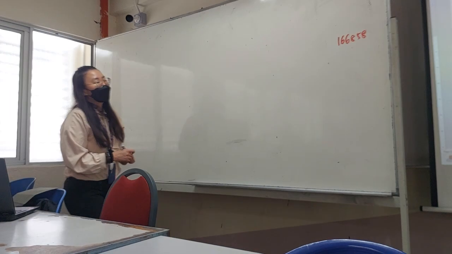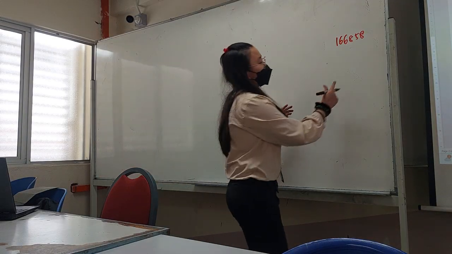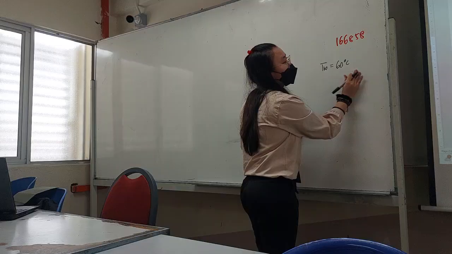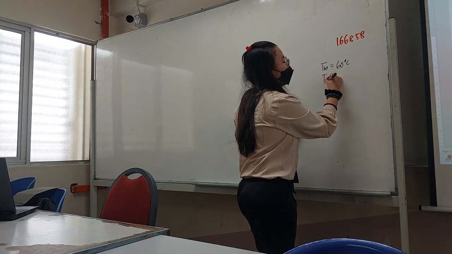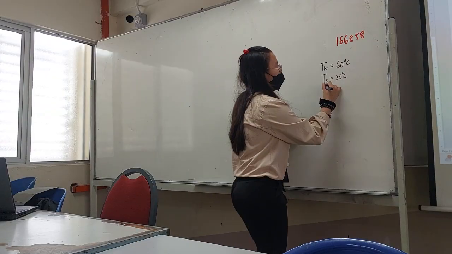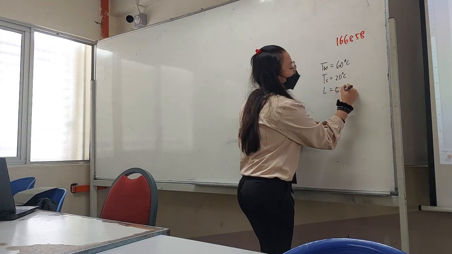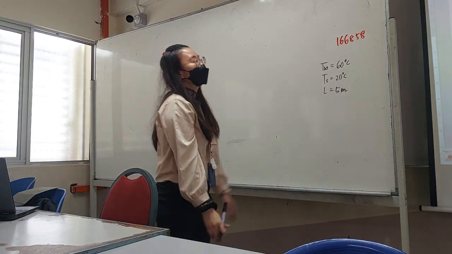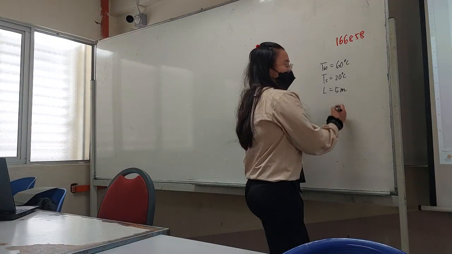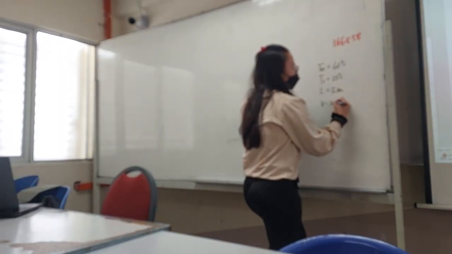T infinity, the engine oil, they give you 60 degrees Celsius. The surface temperature, they give you 20 degrees Celsius. They give you the length, 5 meter, and the width. You have the free stream velocity, 2 meter per second.